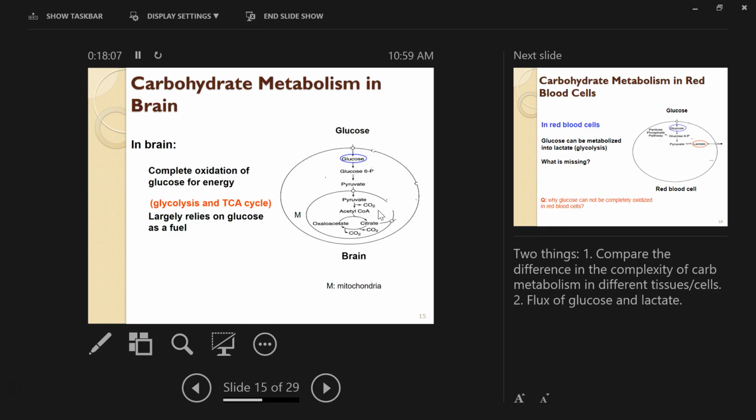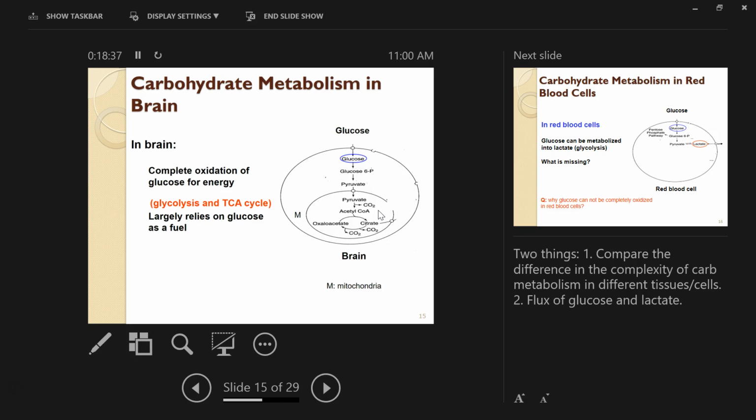And brain basically usually completely oxidizes the glucose, right? Brain cells are also heavily reliant on glucose for energy, and take up glucose and completely oxidize it to CO2 and water, all the way down through the TCA cycle.